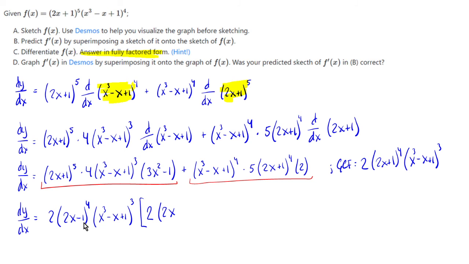It should be plus, right? Yeah, there's a plus. There was my typo right here. Okay, so if we factor out 4 2x plus 1s, we're left with one of them here. And if we factor out 3 of these trinomials, there are no remaining trinomials of that form. And then we just have the 3x squared minus 1.